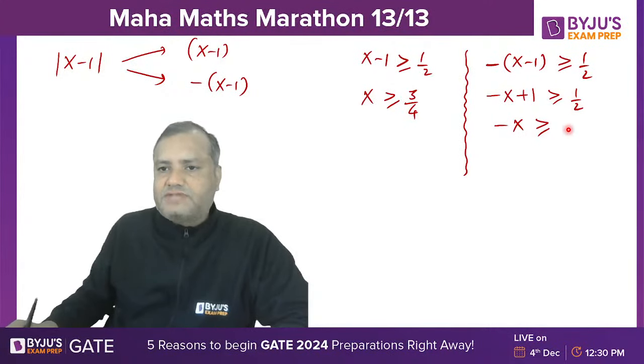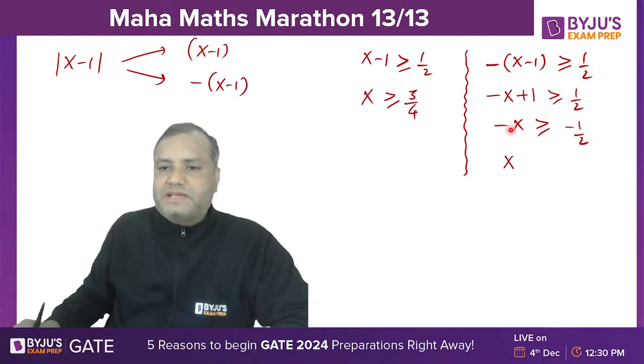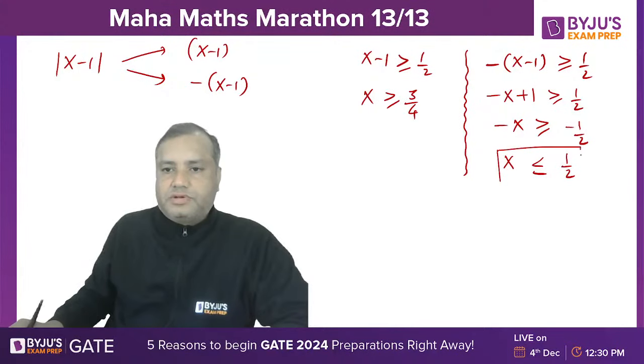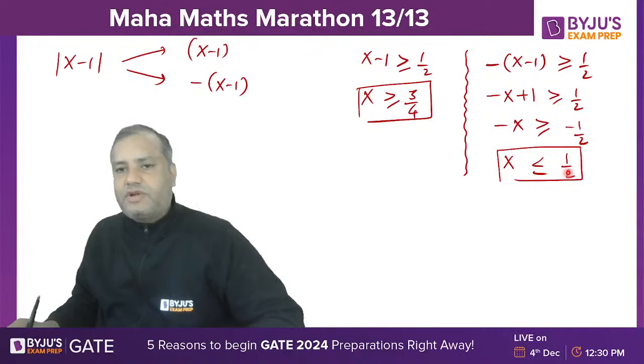So 1 by 2 minus 1 will be minus 1 by 2. Multiply by minus 1 on both sides. Minus x will become plus x, minus 1 by 2 will become plus 1 by 2, and greater than or equal to will become less than or equal to. So x less than or equal to 1 by 2 and x greater than or equal to 3 by 2.